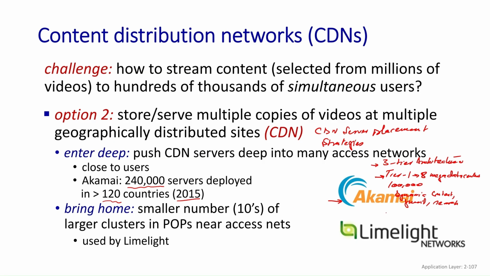Okay, then we have tier two. Tier two has 30 bring home CDN clusters, each holding hundreds of servers. So again, we see that Google follows a mixture of these two CDN placement strategies: enter deep and bring home.